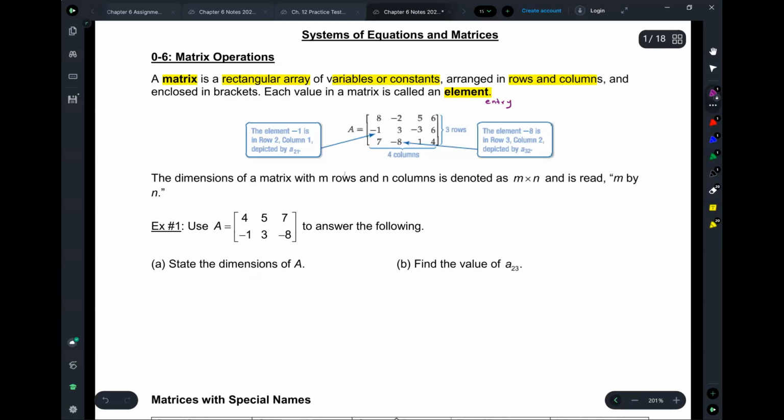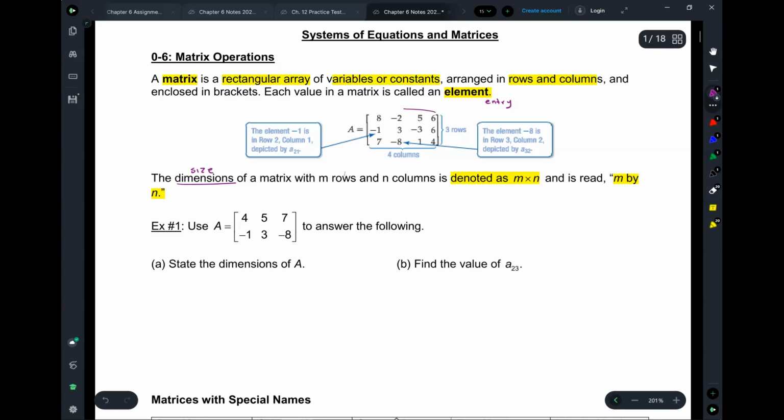Now, how do we talk about dimensions of a matrix? The dimensions of a matrix, or basically the size of a matrix, but we never use the word size, we always use the word dimensions, is written as m by n, and it's read m by n. It's the number of rows and columns. So for example, take a look at this matrix here, all right? Let's talk about rows and columns.